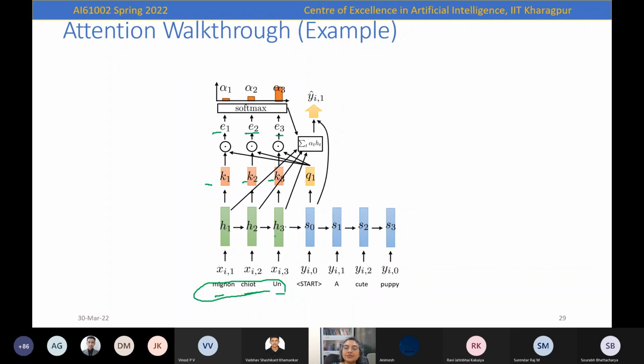E1, E2, E3 are scores of these 3 positions. We apply softmax to get normalized scores alpha 1, alpha 2, alpha 3. Based on that, I do sigma alpha t HT to get the context vector, and this context vector is used to produce the output.